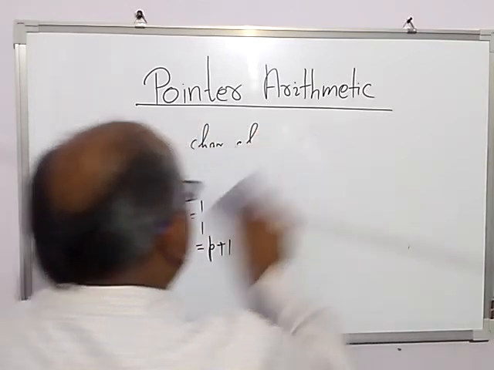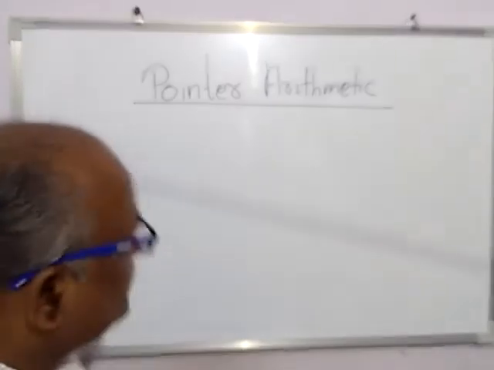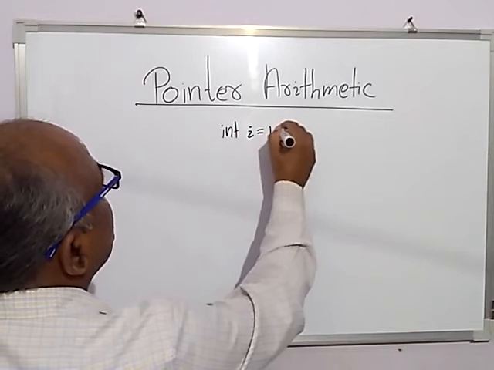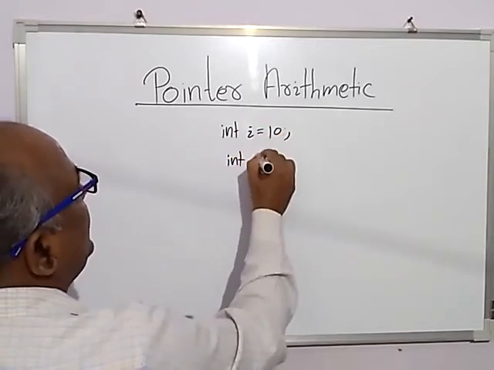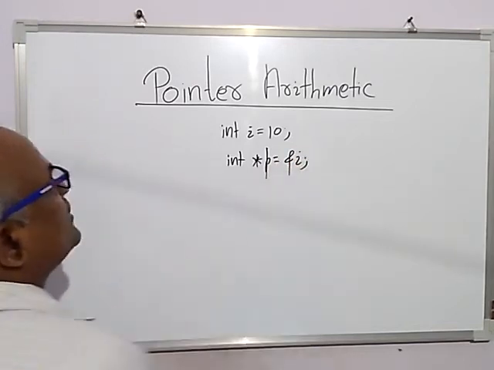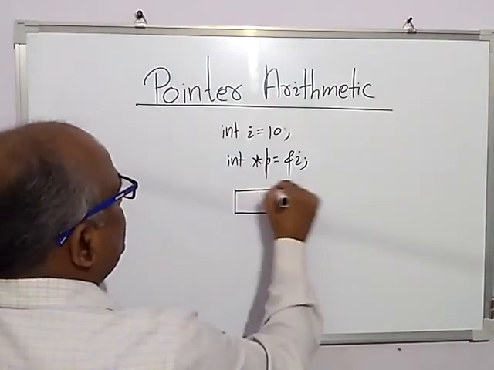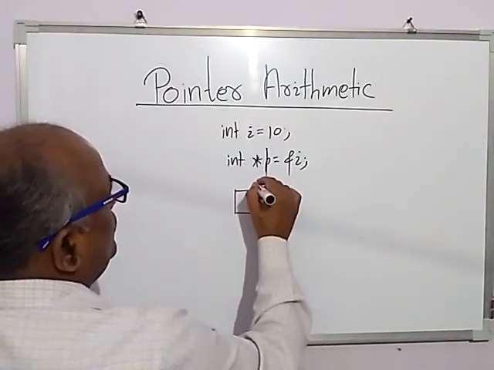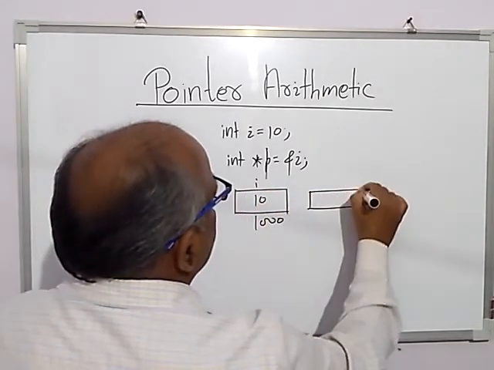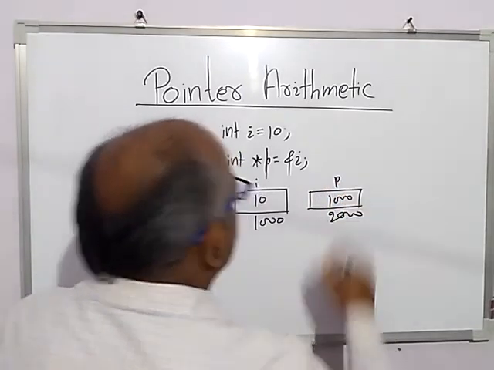Now if you add some integer value to a pointer, what will happen? For example, int i = 10, this is an integer type variable. int *p = &i, that means it is the pointer which holds the address of i. Diagrammatically, if you show, then this is i, 10, 1000, this is p, 1000, then 2000.